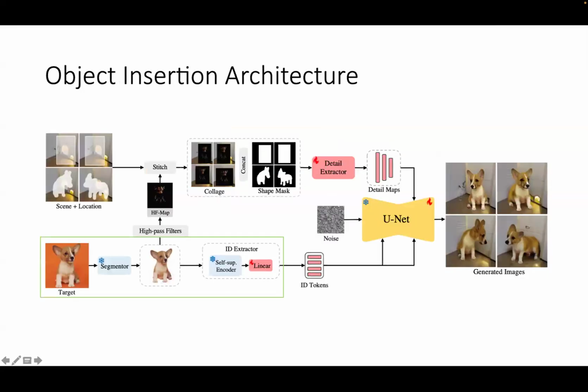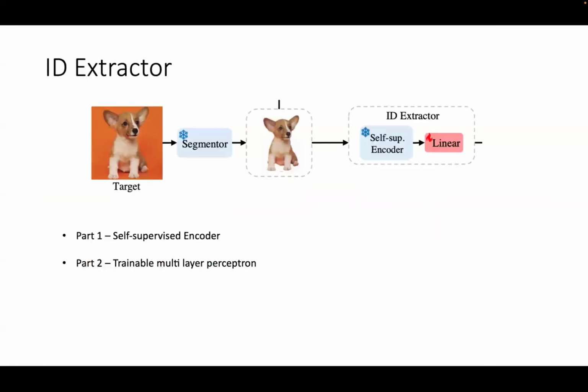What next? After we have segmented, it goes through the ID extractor. Now, what is this ID extractor? If I go to the next slide, we have segmented the object and it goes through the ID extractor. Let's understand this ID extractor as two parts. One is a self-supervised encoder, and the other is a multi-layer perceptron.